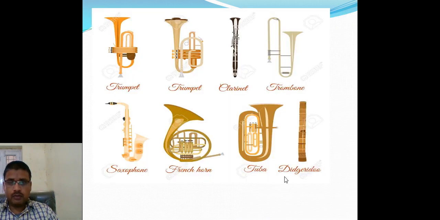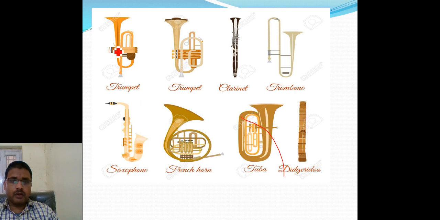Here we are talking about some wind instruments, as you can see here. In all these instruments, basically, we push the wind inside, and when you push the wind inside this musical instrument, it passes through the different shape, and here there are some holes.